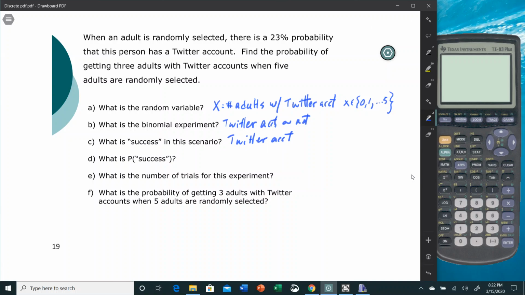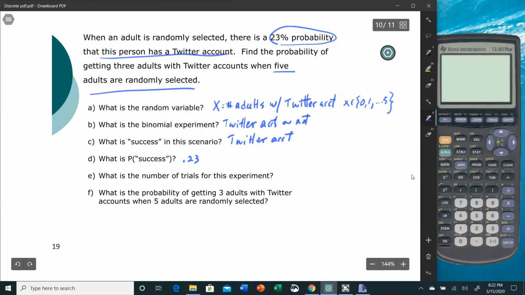And what's the probability of success? Well, we see that there's a 23% probability that a person has a Twitter account, so the probability of success is going to be 0.23. What's the number of trials in this experiment? Well, 5 people are randomly selected, so n is equal to 5.